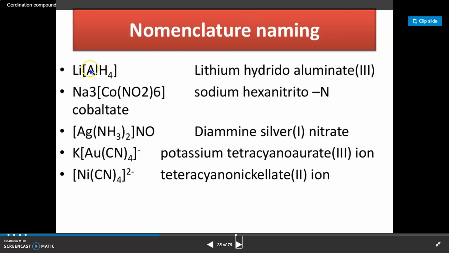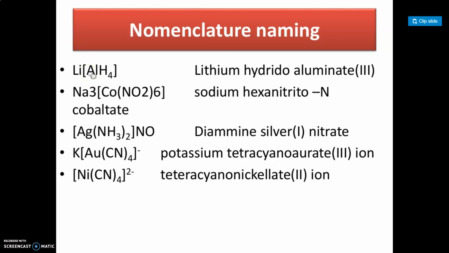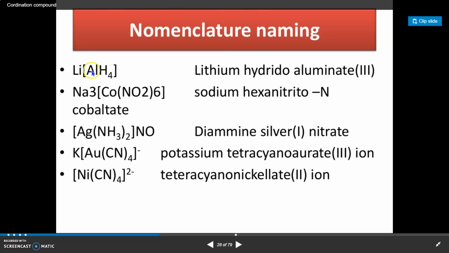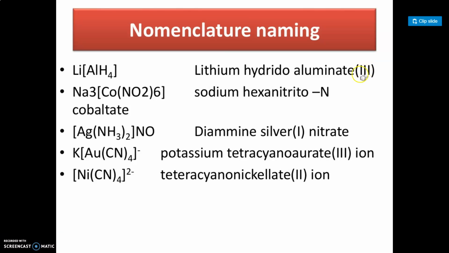After that, the central metal ion, that is aluminate, and the complex is negative or anionic. Then the name of the central metal ion ends with -ate. After that, the oxidation state of this aluminium is written inside a bracket or parenthesis.